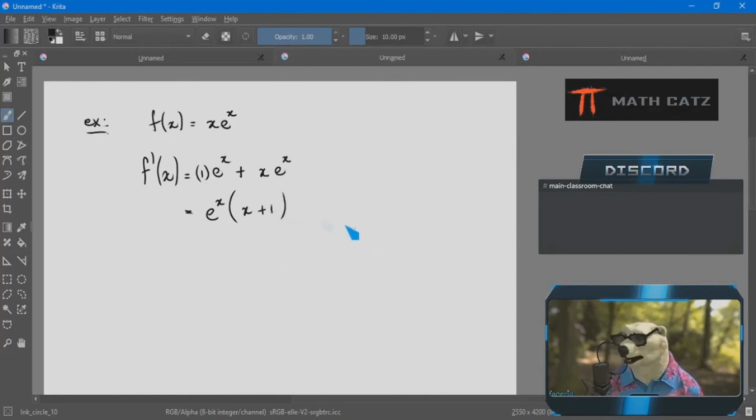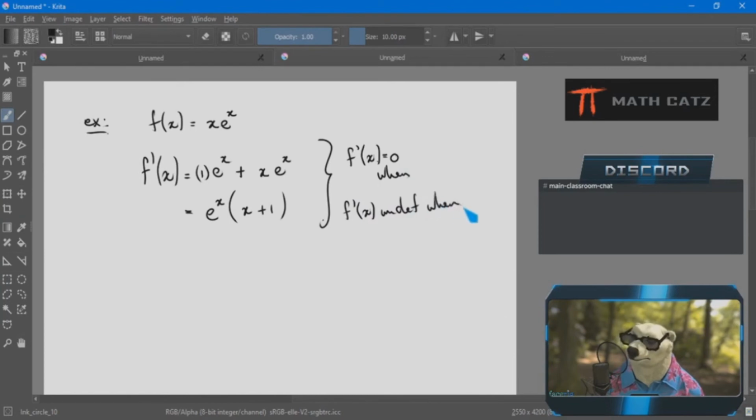That's the best I can make it look. I have a positive exponent there, so it stays above the line. Then I want to check, where is the derivative 0? Where is the derivative undefined? Always those two things. No more, no less.